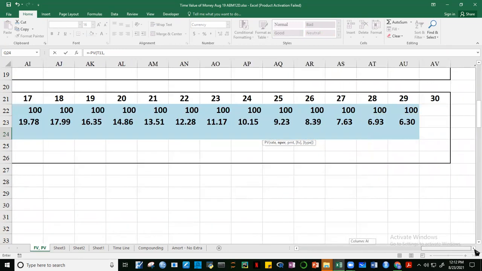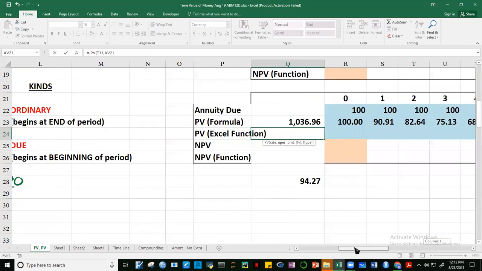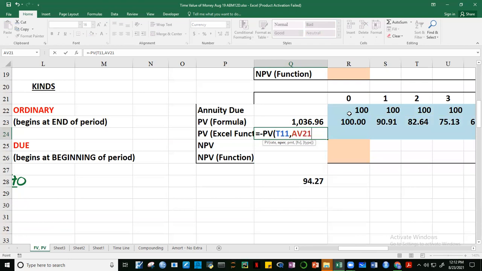Comma, ilan yung n per? 30, guys. 30 kahit nagtapos sa 29, no? Okay, take note of that kasi dito marami nagkakamali. Kasi annuity due, nagsimula kaagad yung cash flow from year 0. So, 30-year period yan. Comma, PMT natin yung 100. Okay, ignore the future value. Now, since this is an annuity due, dapat may 1 dito sa type.